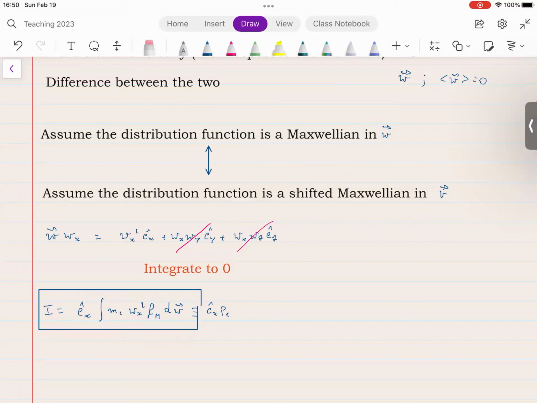We did not go through the transition from the statistical distribution, the distribution function type of description of the plasma, to the fluid one.